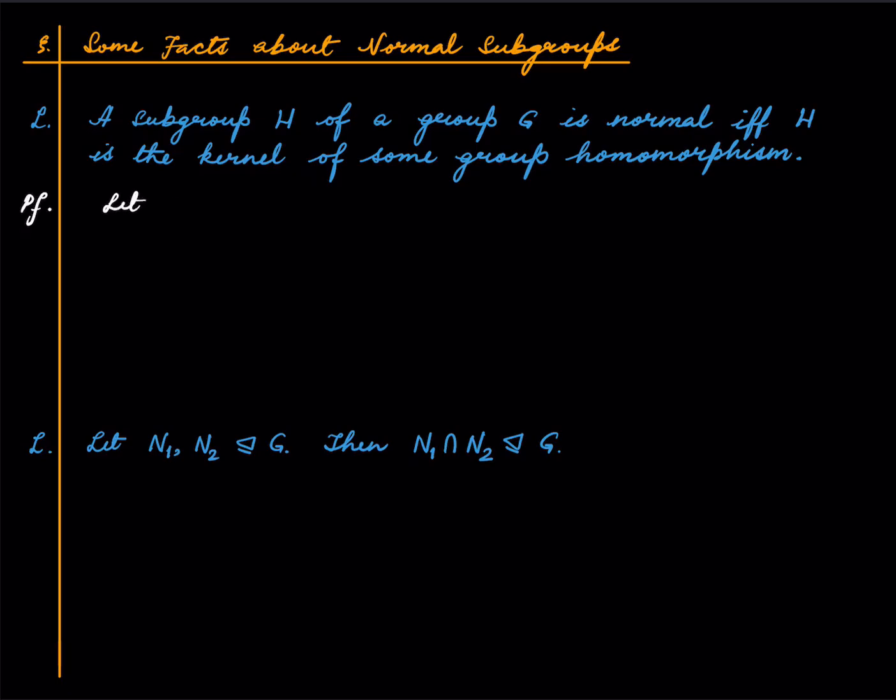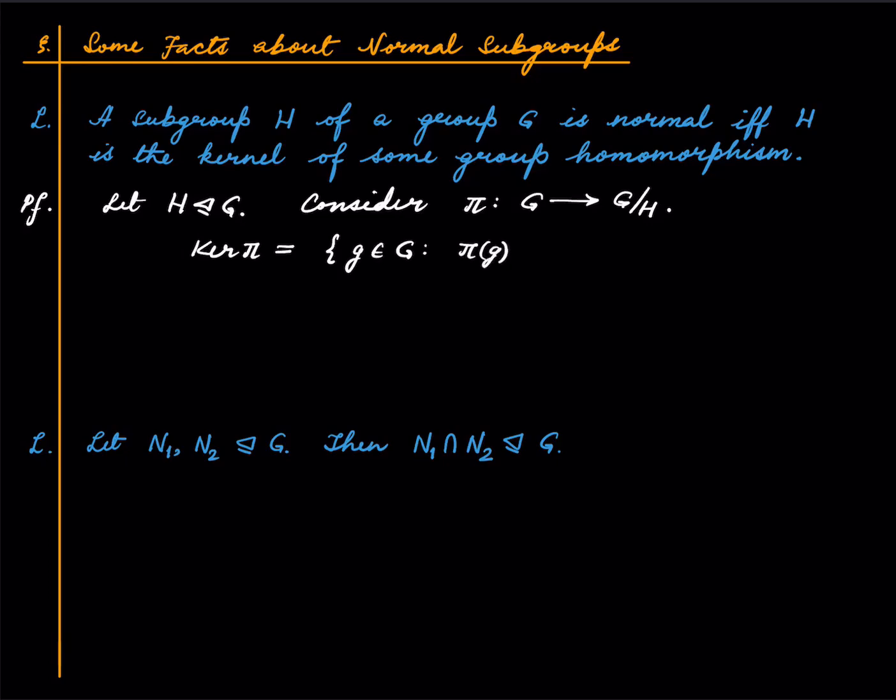So let H be a normal subgroup. Then consider the natural projection map. And what is the kernel of this map? The kernel of pi is those things in the group G which map to the identity of the quotient group. But the identity of the quotient group is the image of the identity of the parent group, the image of the identity of the domain of pi, because pi is a group homomorphism.